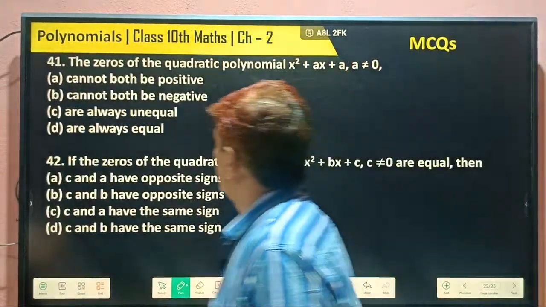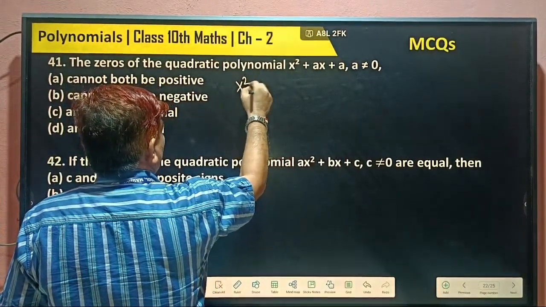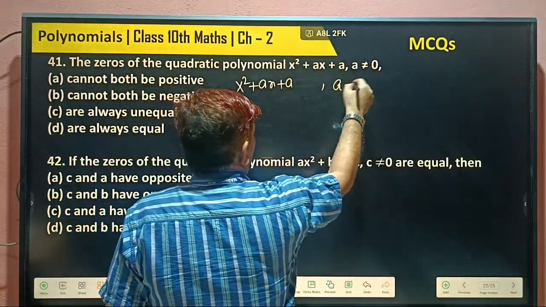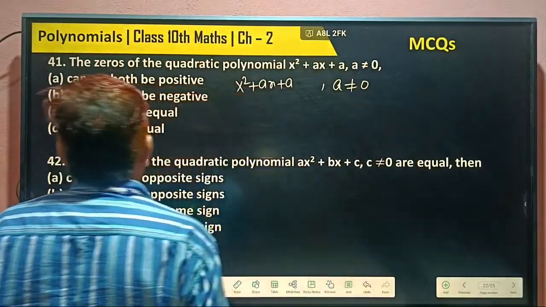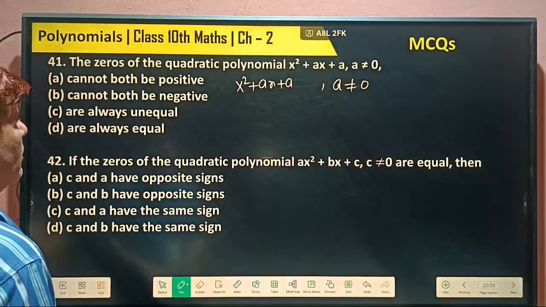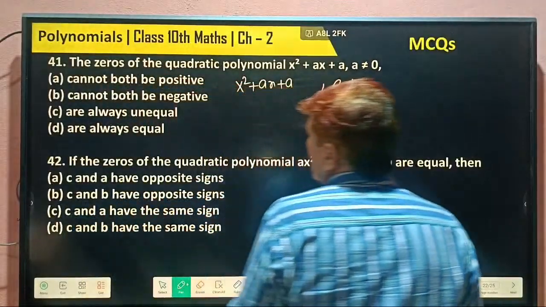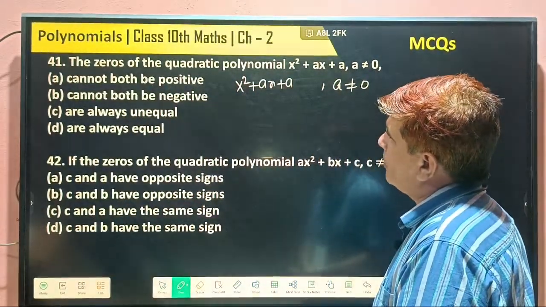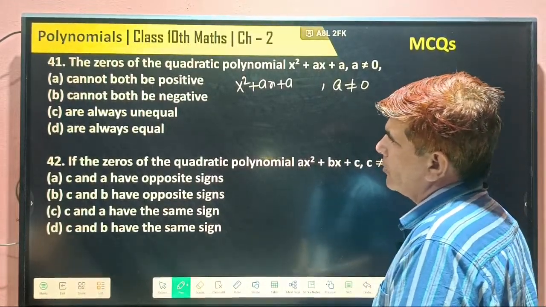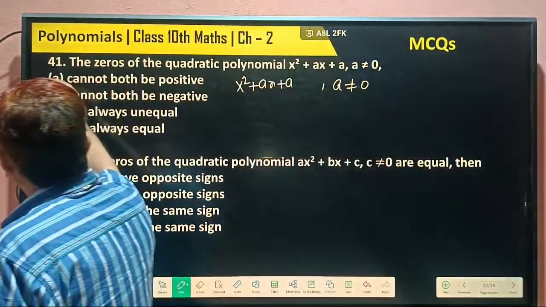Question 41: the zeros of a quadratic polynomial x square plus ax plus a, where a is not equal to 0. What are the zeros of this quadratic polynomial? Options: cannot both be positive, cannot both be negative, are always unequal, are always equal. So what is the answer? This you have to tell.